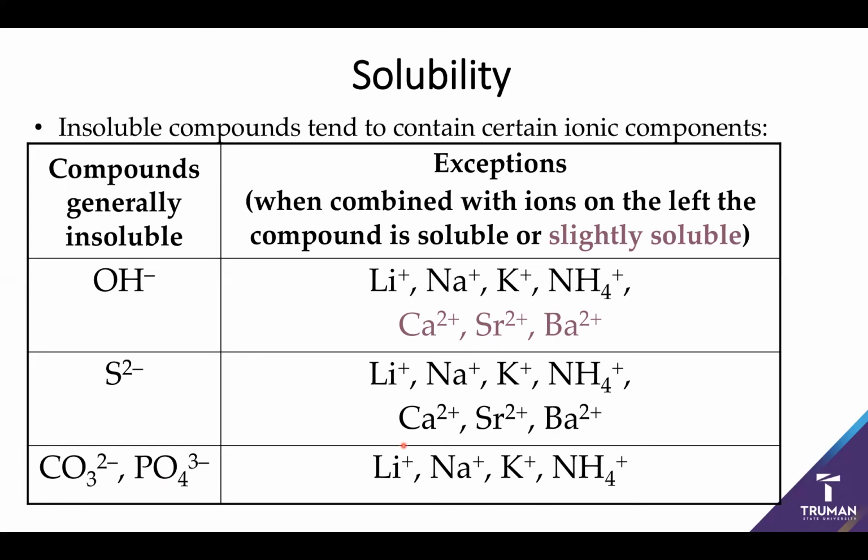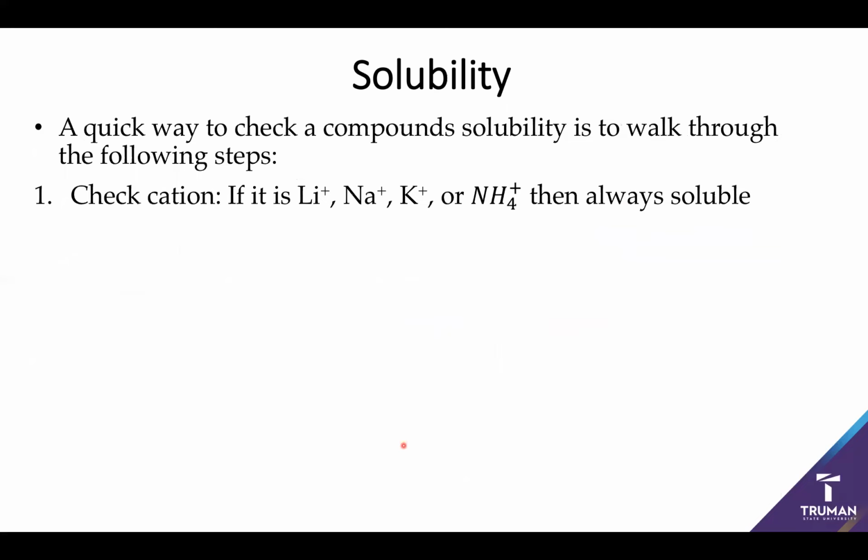So we have a lot of basic rules here. Trying to figure out whether a compound is soluble or insoluble can take a little bit of practice. But one of the ways we can try and walk through these lists is by going through a quick checklist. If I want to determine whether an ionic compound is soluble or insoluble, the first thing you should do is look at the cation. If it is one of our big four soluble cations, it's always going to be soluble no matter what.